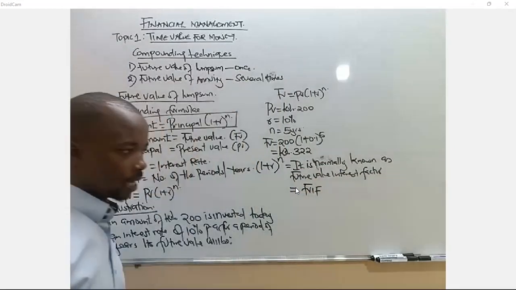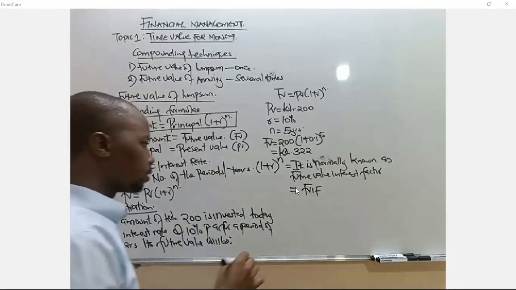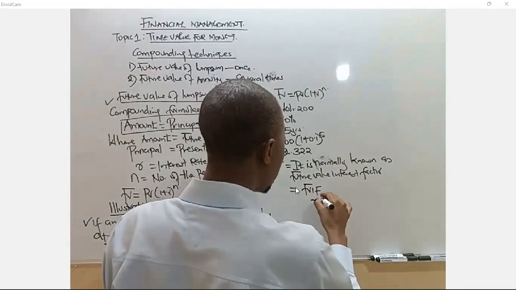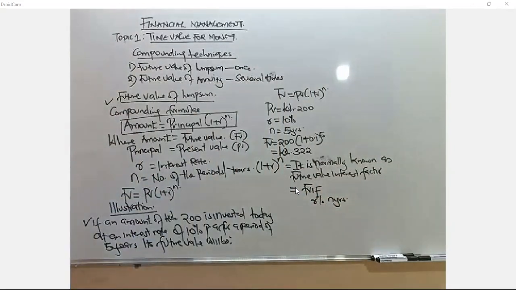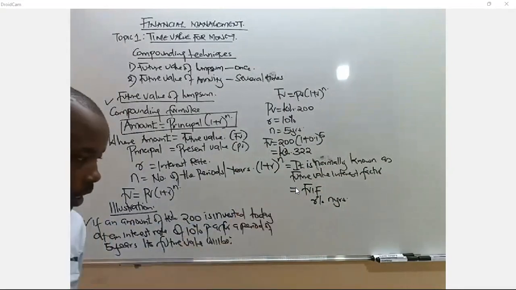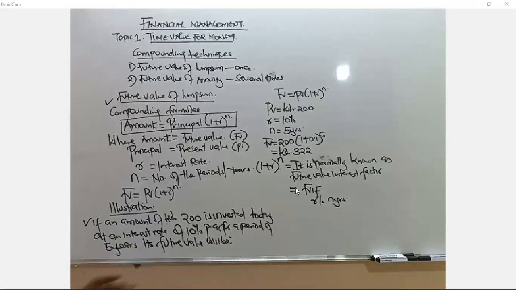That is what I'm going to be writing: the future value interest factor, R%, which is our rate now, then N years. R%, N years. These are some of the symbols which you'll be able to see me using as we move forward, so that you know it is very captured.